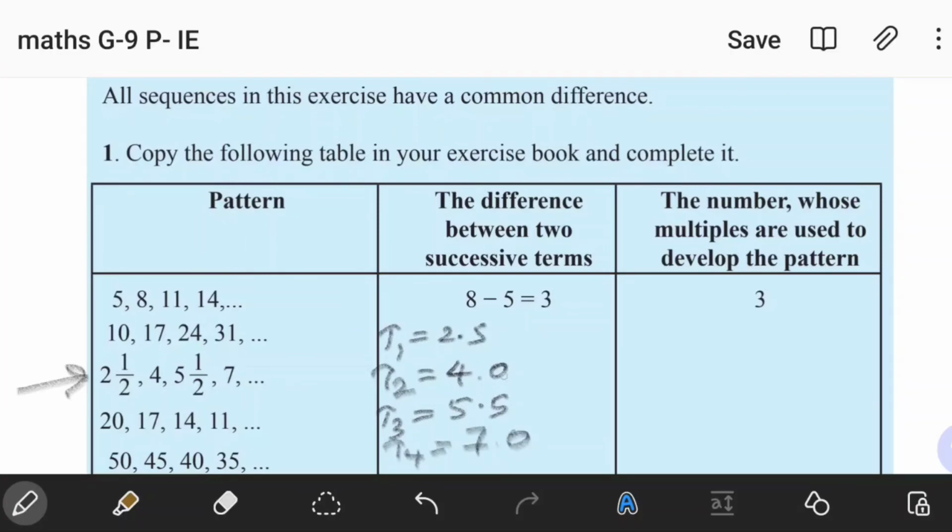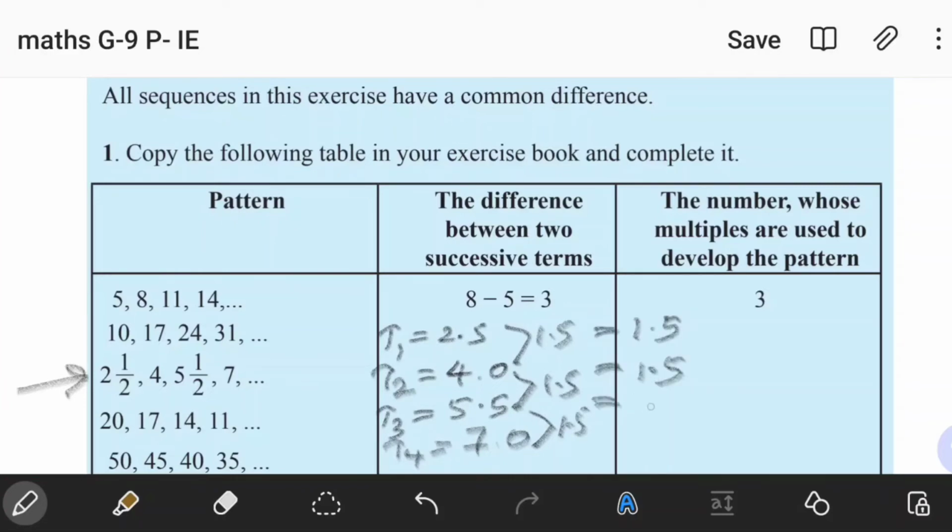If you look at the difference between the second term and the first term, you had to add 1.5 to 2.5 to make it 4. And 4 plus 1.5 is 5.5. And 5.5 plus 1.5 is 7. So we know the common difference is 1.5. Let's write these terms in terms of 1.5.